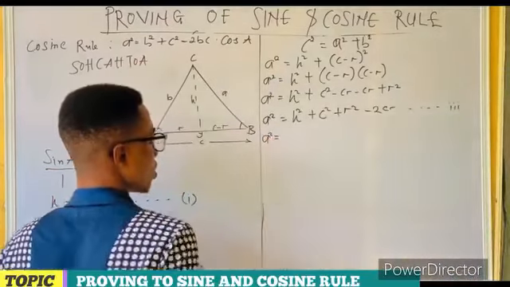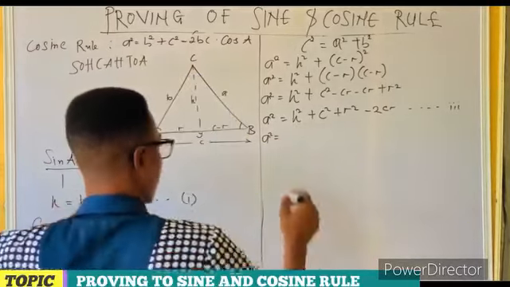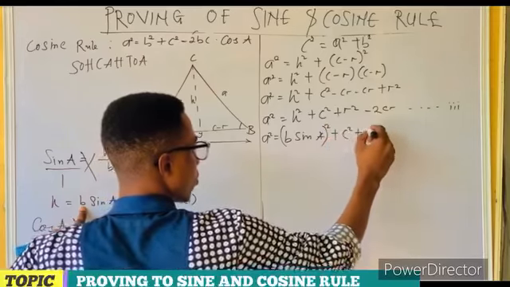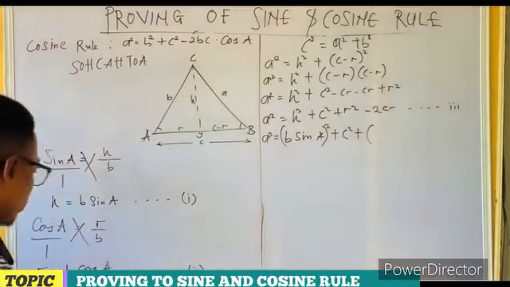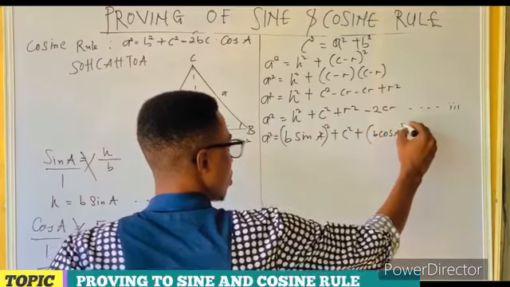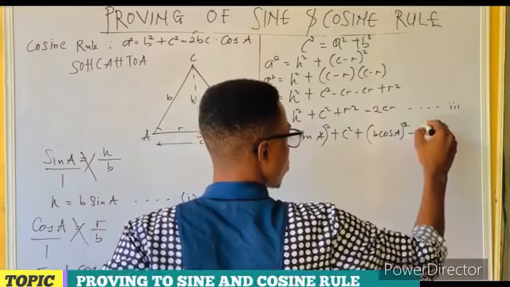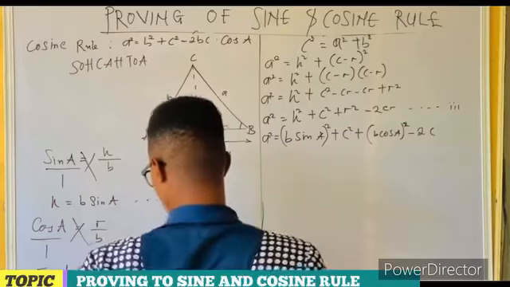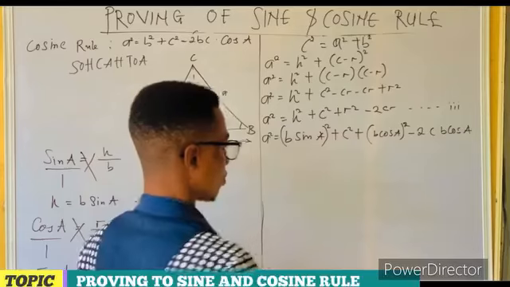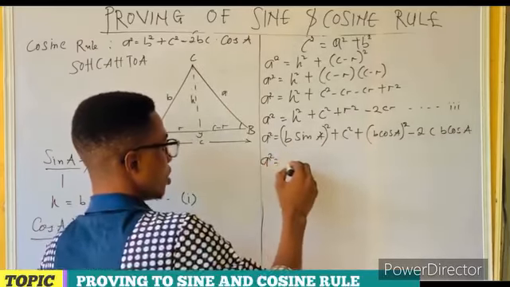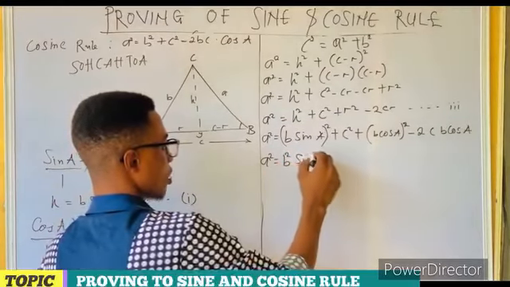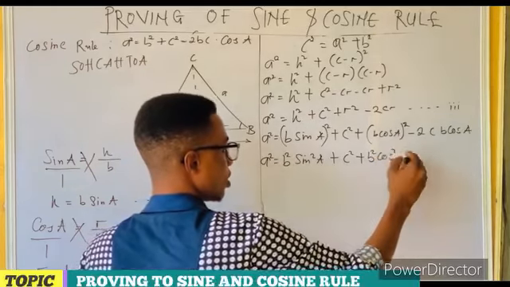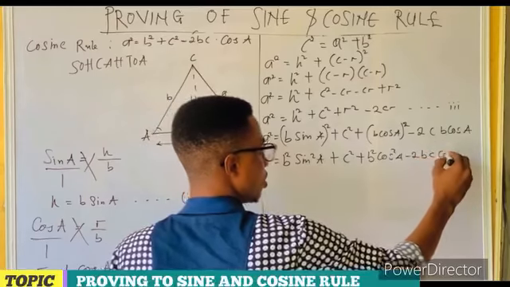We have a squared equals h squared, which is b sine A, and don't forget it is in squared, plus c squared plus our r, which is equation 2, b cos A, squared, minus 2, here we have c, our r as well in equation 2, b cos A. So we have a squared is equals to b squared sine squared A plus c squared plus b squared cos squared A minus 2bc cos A.